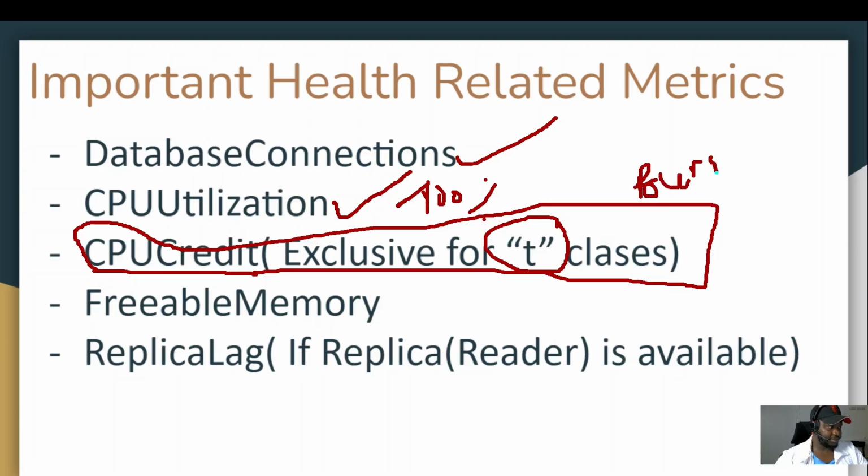Burstable instances accumulate credit if you use them below the baseline. I think I explained this before. Burstable classes give you CPU credit for you to be able to boost performance when there is an increase in your database workload. You need to monitor this, because when your credit balance is low or zero, you will not be able to boost performance.